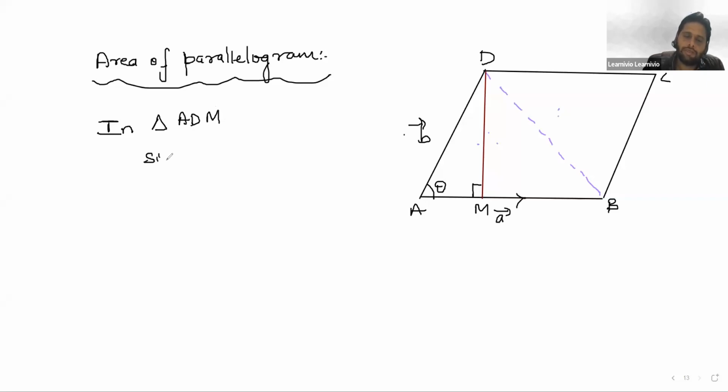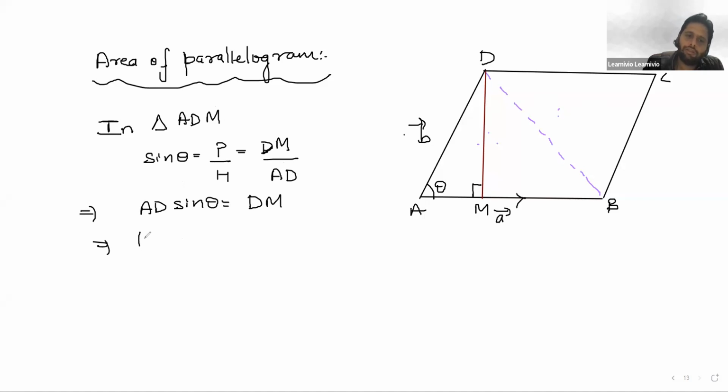Sine theta is equal to what? Perpendicular by hypotenuse. So for this, the perpendicular is DM and the hypotenuse is AD. So here we will get, shift this AD to this side, AD sine theta is equal to DM. What is AD? AD is magnitude of B. Sine theta, and this is equal to DM.